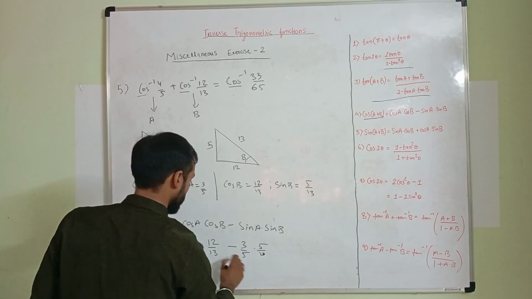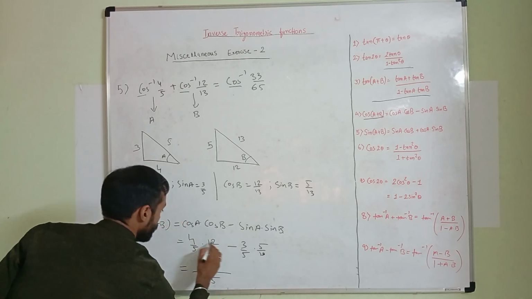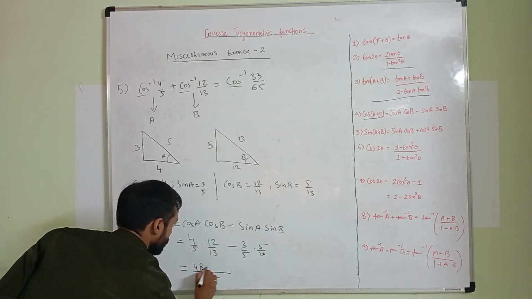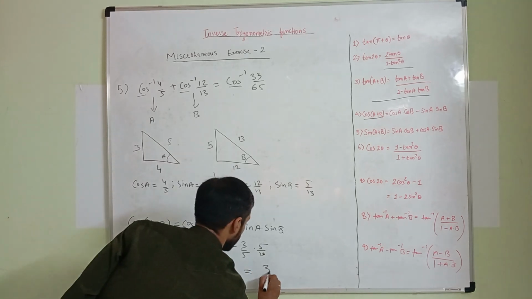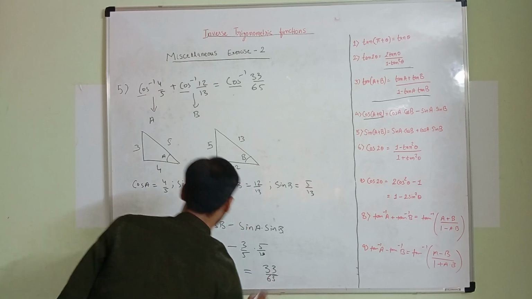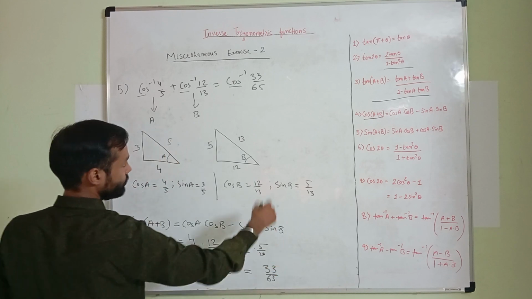So 13 5s are 65. This will be 12 4s are 48 minus 5 3s are 15. On solving we will get 33 by 65. So cos A plus B is 33 by 65.